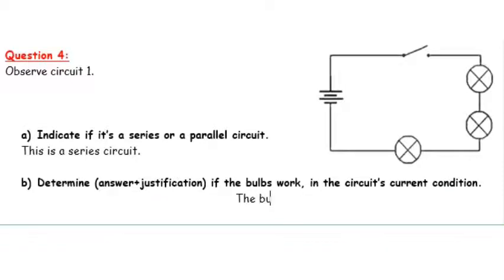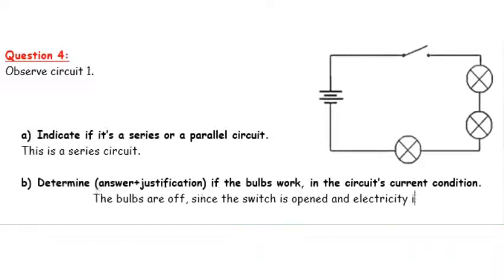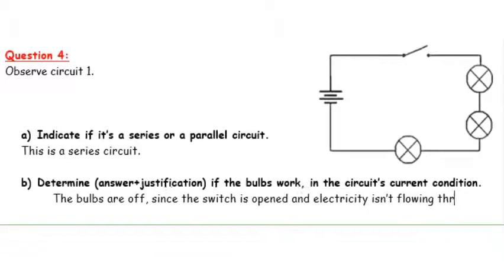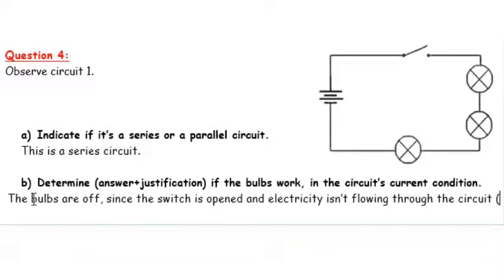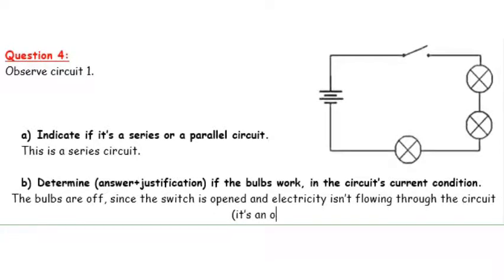Okay, the bulbs are off since the switch is open and electricity isn't flowing through the circuit. It's an opened or incomplete circuit. Clear?